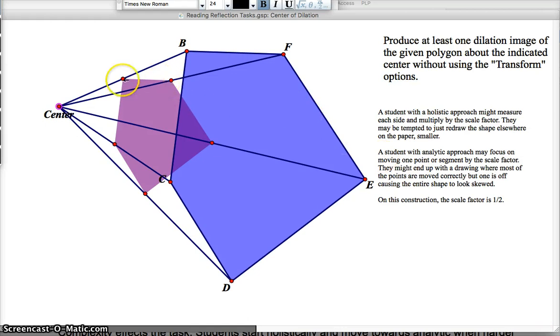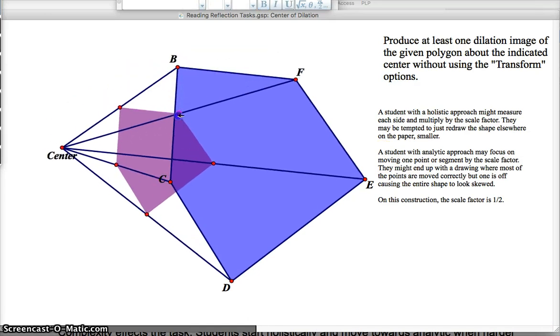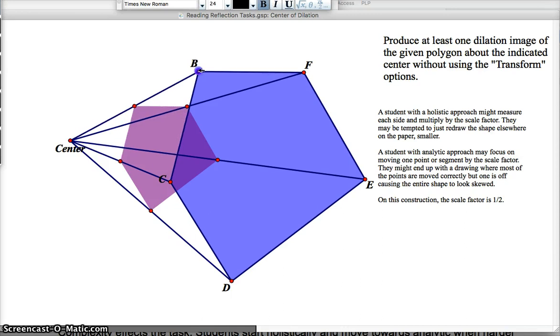And because you're just moving one at a time, the students might tend to get bogged down in moving that one, and moving each one correctly turns out to be tedious. Sometimes the students will get most of them right but miss one, and because of that their end picture will be skewed.